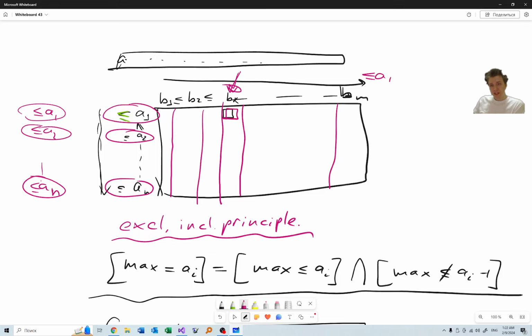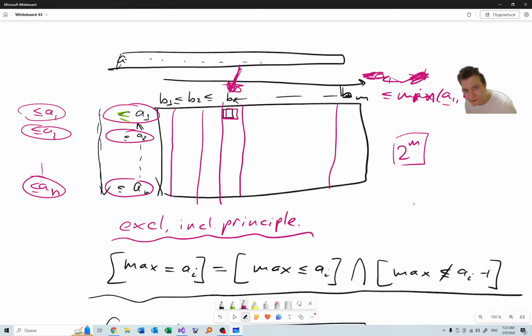So the number here should be at most A1 and BK. Well, actually, what I want to say is I really don't need the exclusion-inclusion principle for all columns to the power, because if I do it independently, I just calculate the answer.